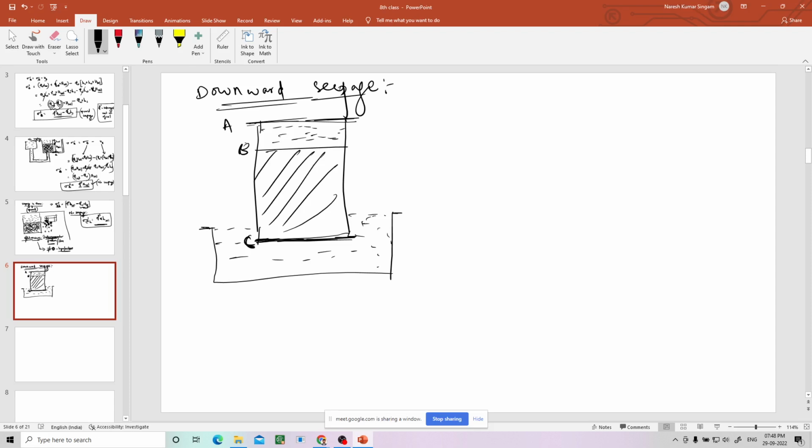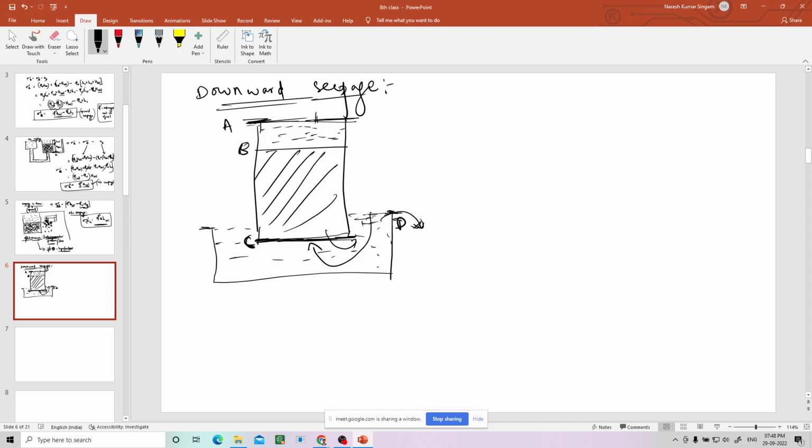From where to where? From A to B to C, because the level of water is here, it is going this direction. So water is coming here. It can flow from here to here, because A is at higher position.